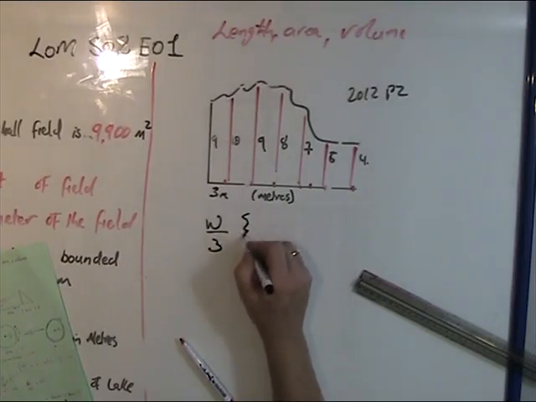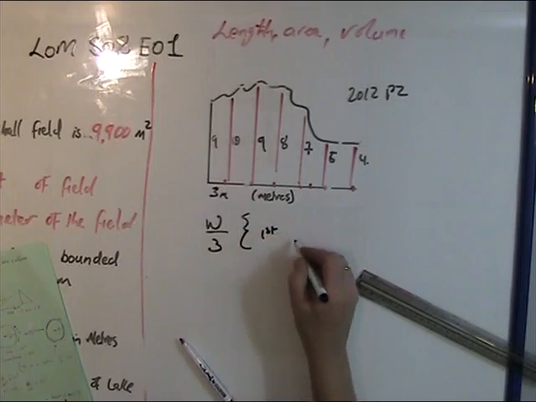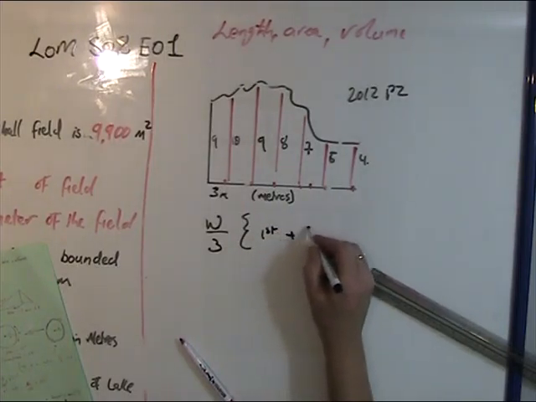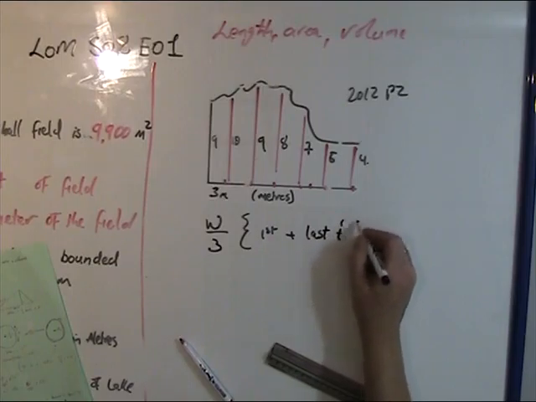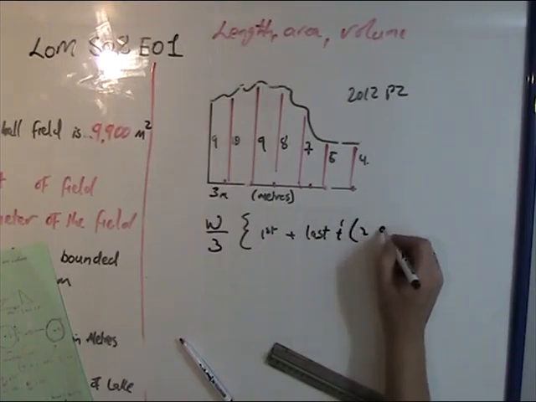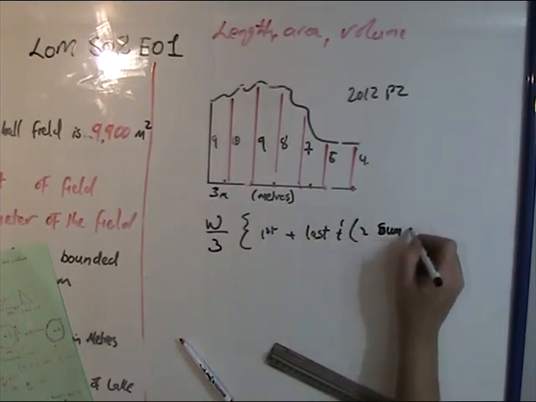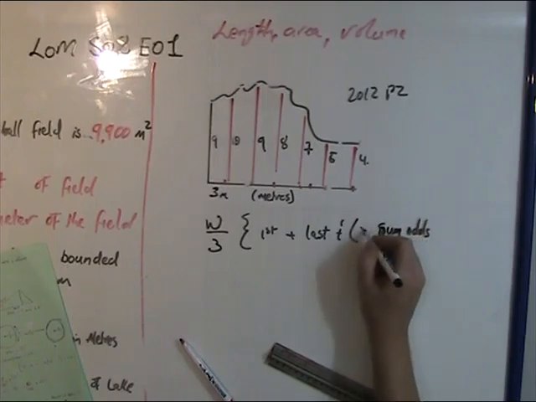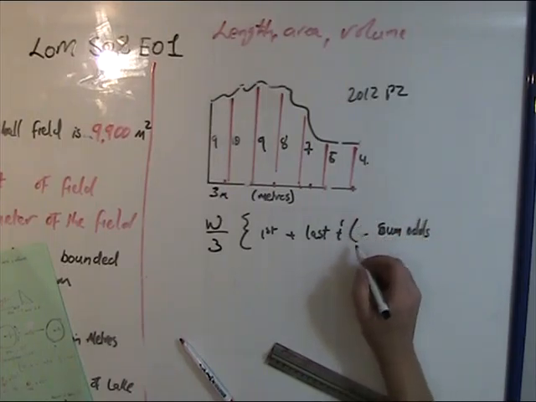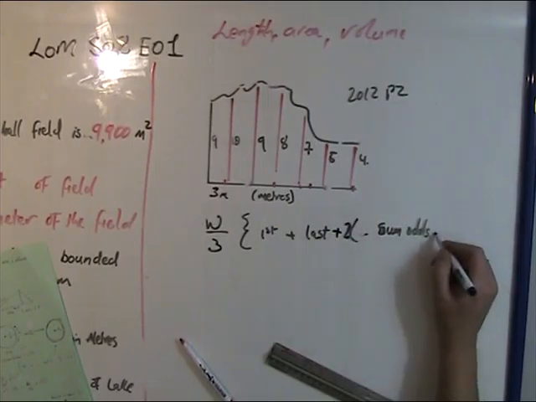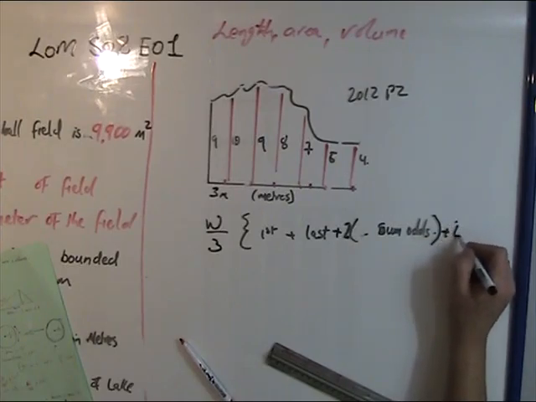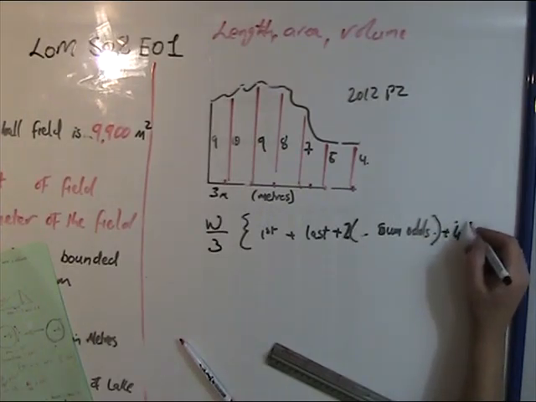The first reading plus the last reading, plus twice the sum of the odds, plus 4 times the sum of the evens.